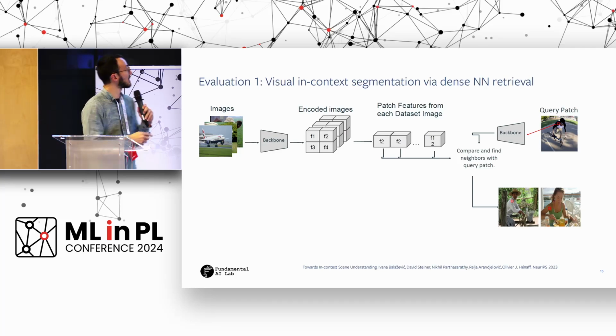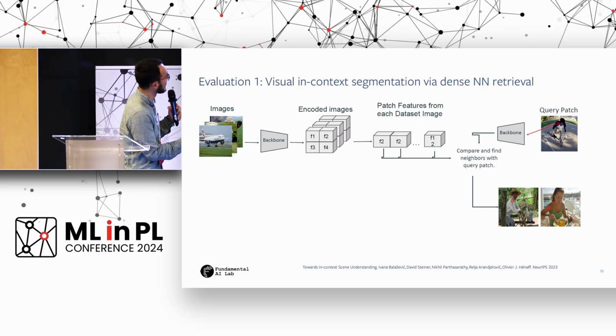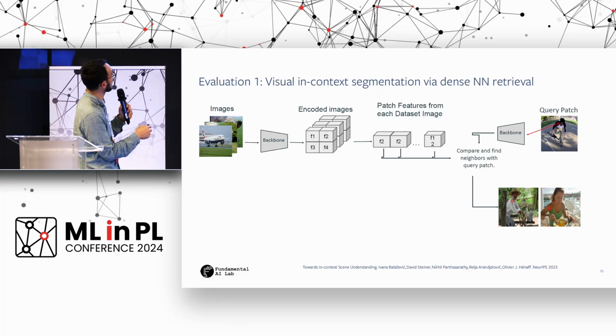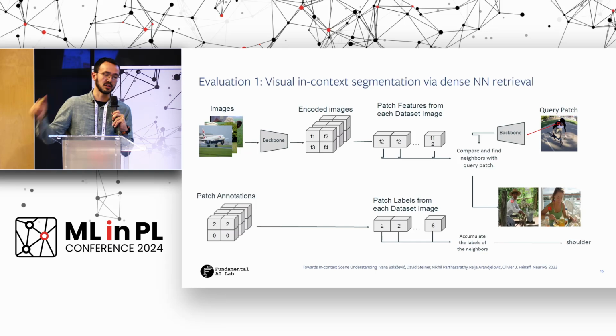And now for any given query patch, let's say you now want to segment this image. For every patch, you also put the image through the backbone, and now you try to find the nearest neighbor within your training data set. If it works well, these would be your similar neighbors in your training data set. And now you simply look up what the annotations are for these training images.